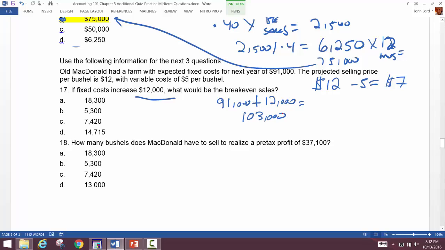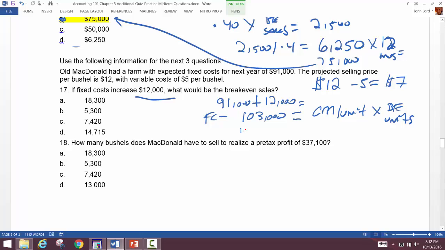That gives me a total of 103,000. Thank you. So 103,000 has to be equal to, and I'm kind of violating my own rule here, I should have said contribution margin per unit times my break-even units, right? Has to equal my fixed cost, which there's my fixed cost right there.